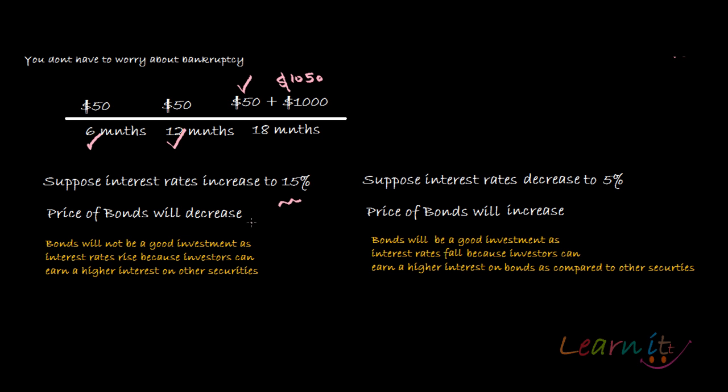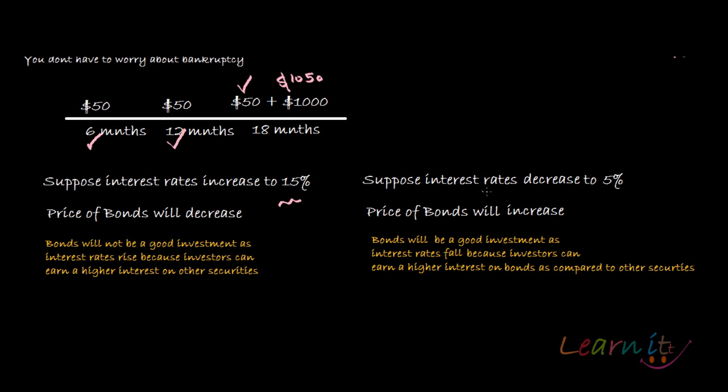Because you will think that you can buy some other security at 15%, which will be a better return. So in order for you to buy this bond, the price of the bond has to fall.